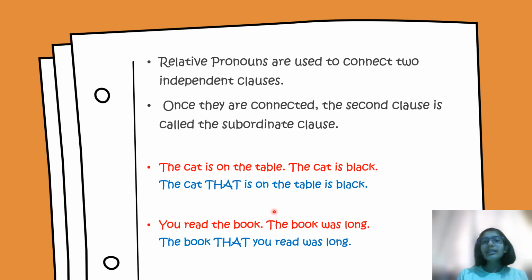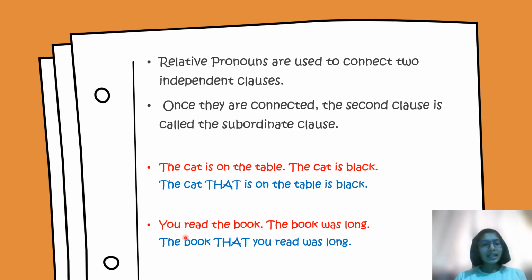It's obviously the second one, because in the first sentence we're repeating the cat two times, which is unnecessary. Whereas in the second sentence, the cat has been written only once, and we have used that instead of the cat in the second sentence. So the second sentence makes more meaning and sounds much more attractive.